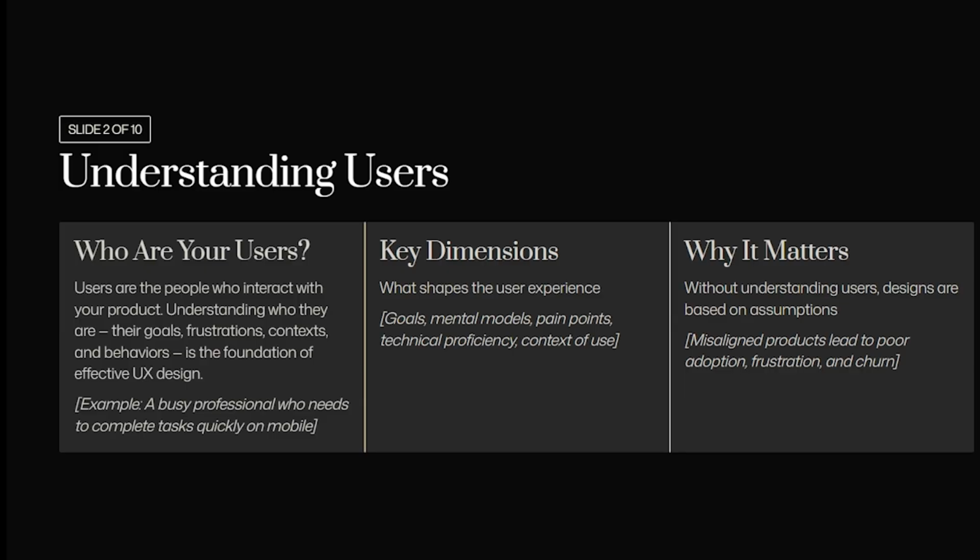Without understanding the user, we are simply making assumptions, and assumptions often lead to a poor user experience. A real-time example is Google search. It became successful because they focused on what users actually want, which was fast and simple access to information. So all of us are using Google.